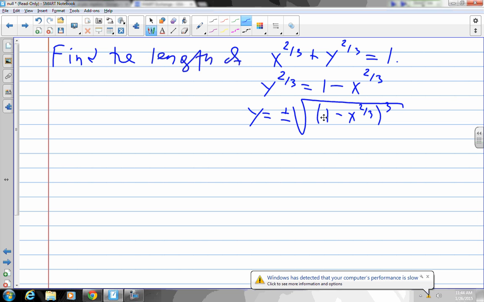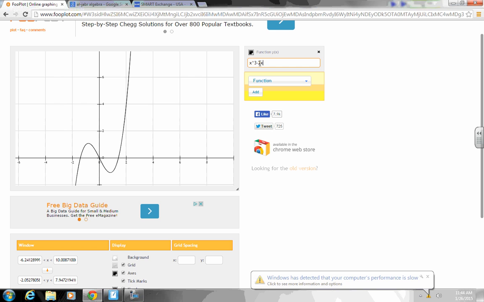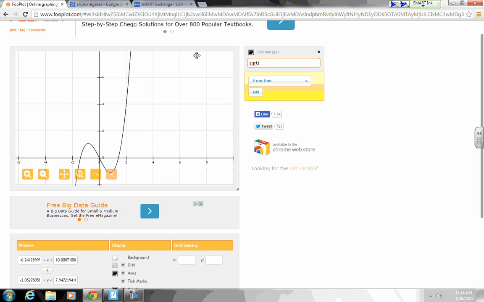Just for fun, we can graph just one of those positive square roots. If I go here, so if I just graph the square root of, what was it? I need a double thing, right? It's 1 minus x to the power 2/3, right? And then that cubed, and then close the square root.